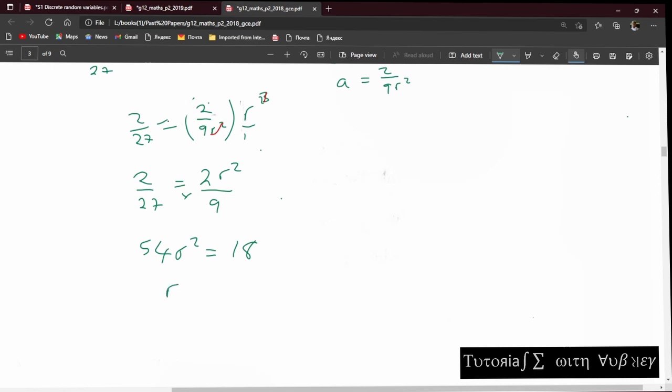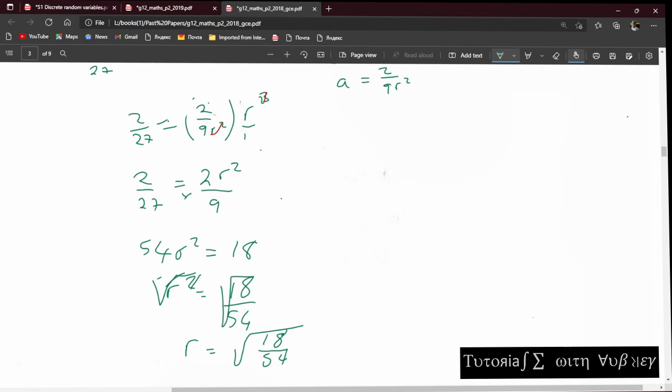Make r the subject. We're going to have 18 over 54. And now finally r is equal to 18 over 54. That will be our r.